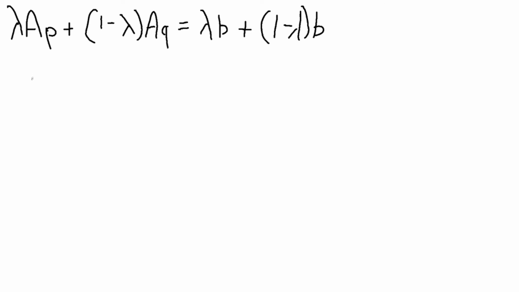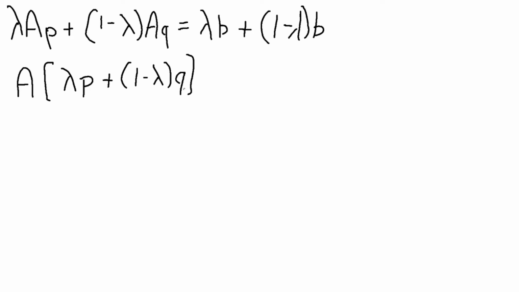Now let's rearrange this a little bit so we get A times lambda P plus 1 minus lambda Q. And that's just basically collecting the A's together outside in front.